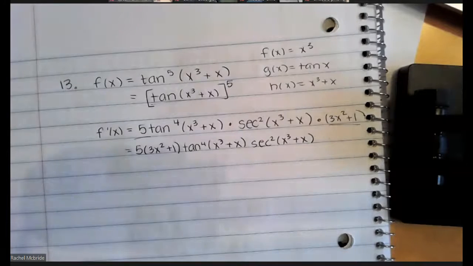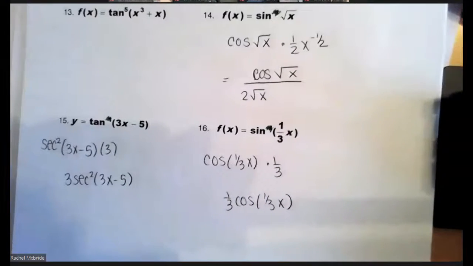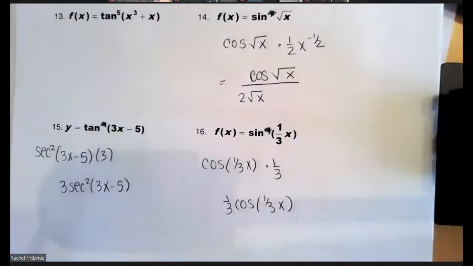Okay, so then let's jump down. I also, on this handout, did your 14, 15, and 16.